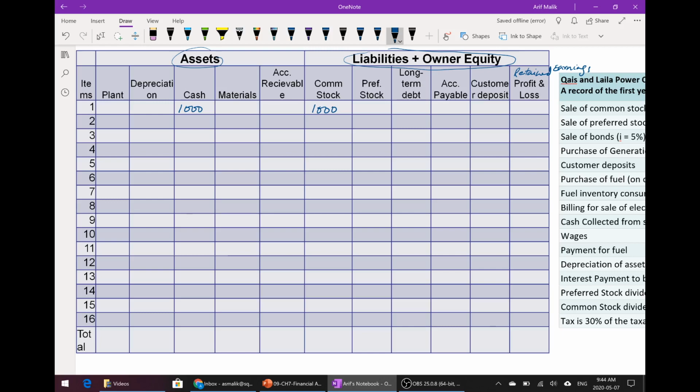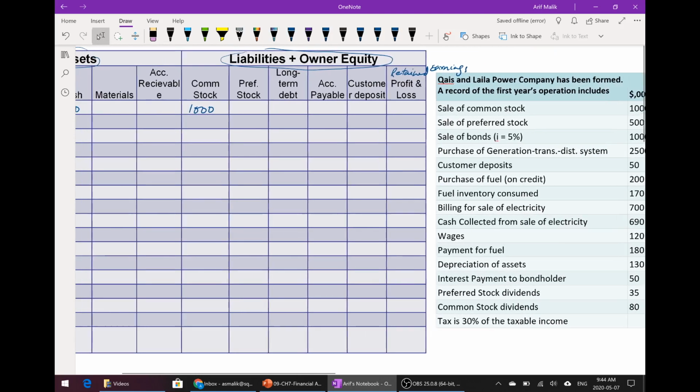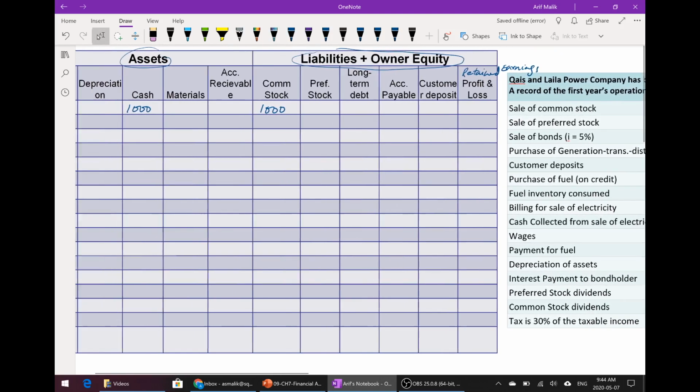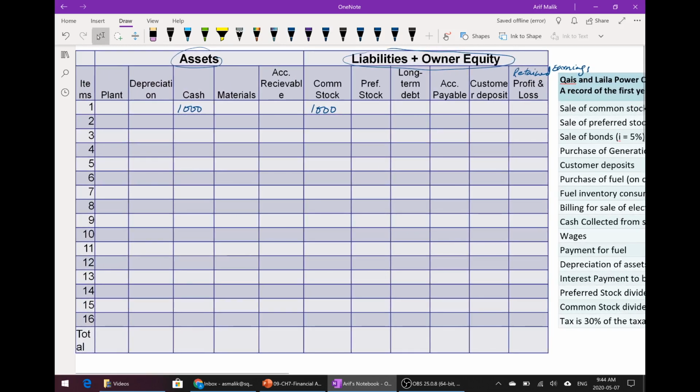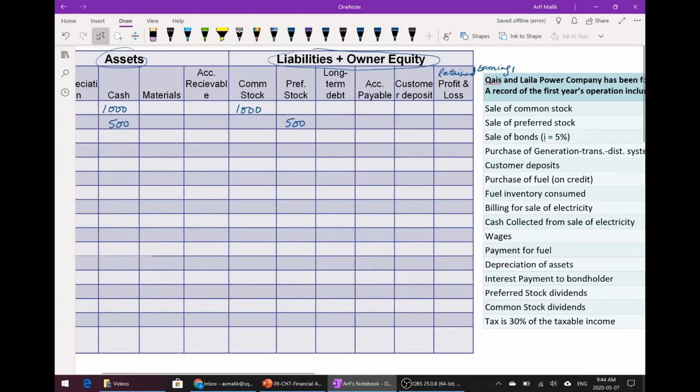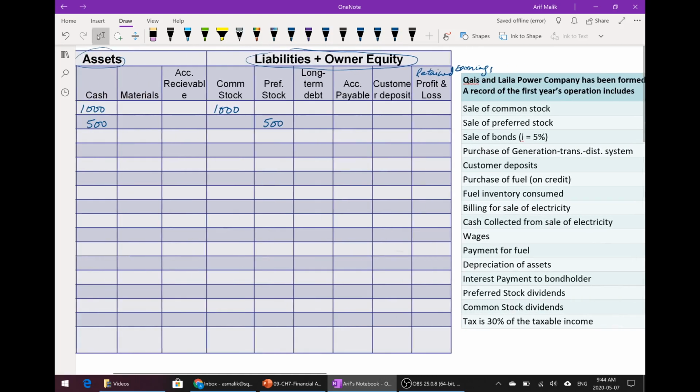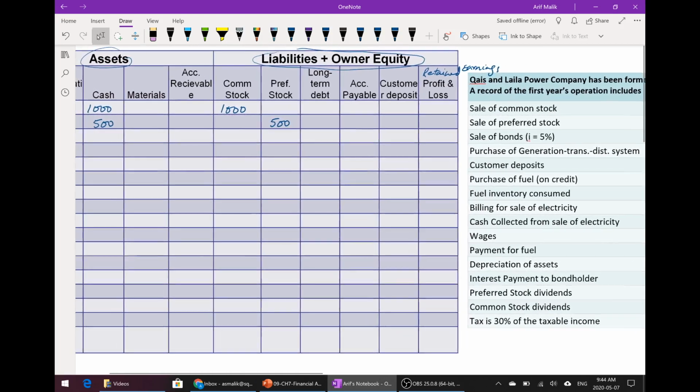Then the second item is sale of preferred stock, which is 500. So the second item is 500 here, preferred stock, and again we got cash. All right, sale of bonds, 1,000 at 5% interest rate.